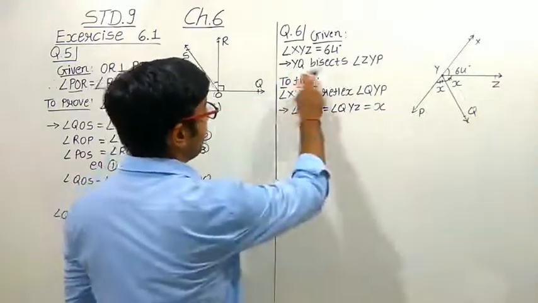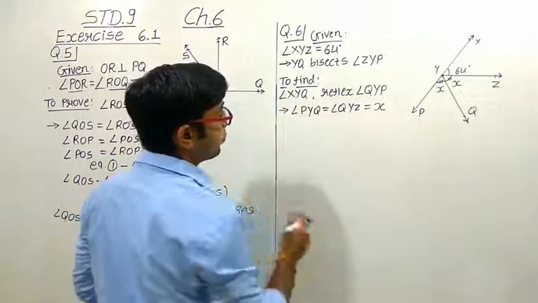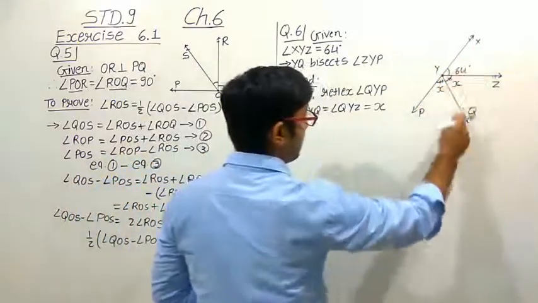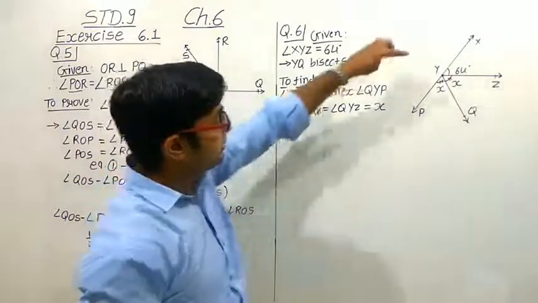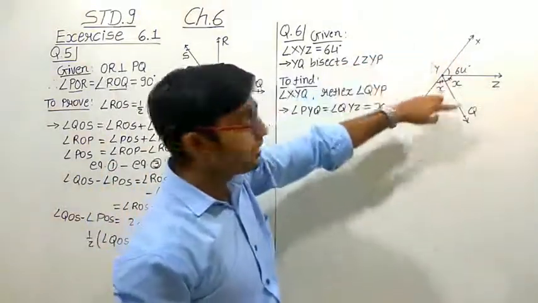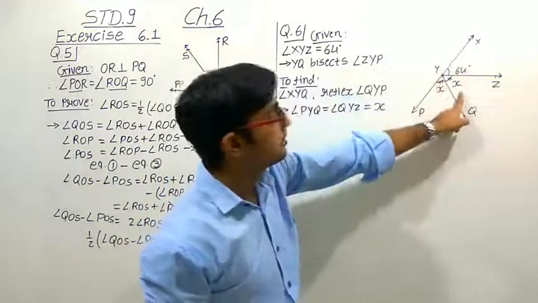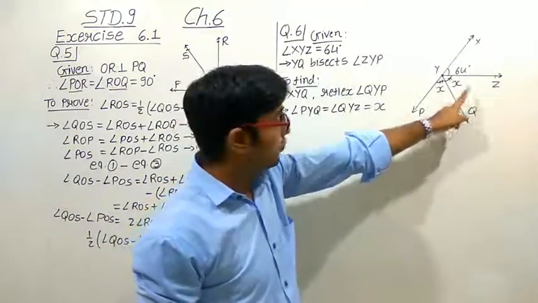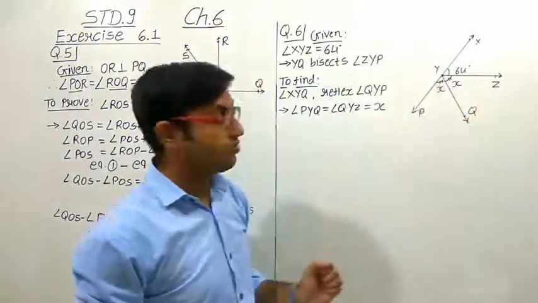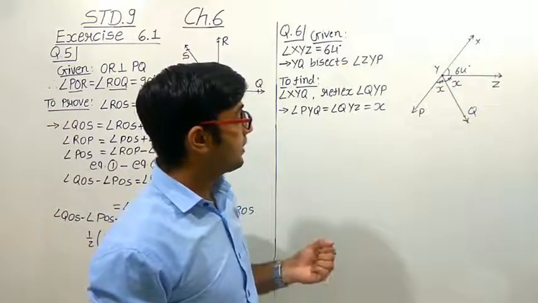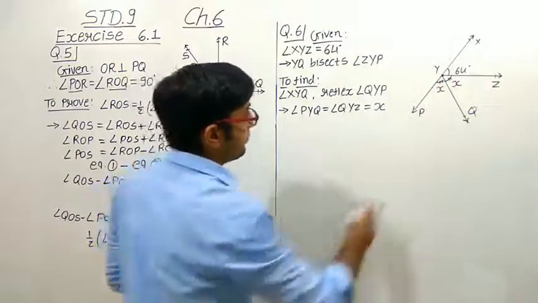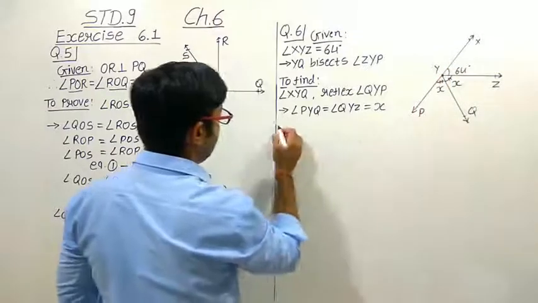Now we have to find the angle XYQ. See, this angle XYQ is the addition of two adjacent angles. One is 64 degrees, the second one is the value X. So we have to find the value of X. Now think how we can find the value of X. See, XYP is a line.